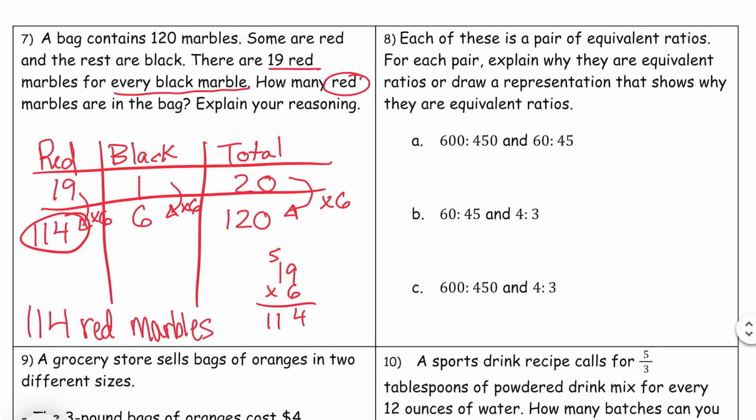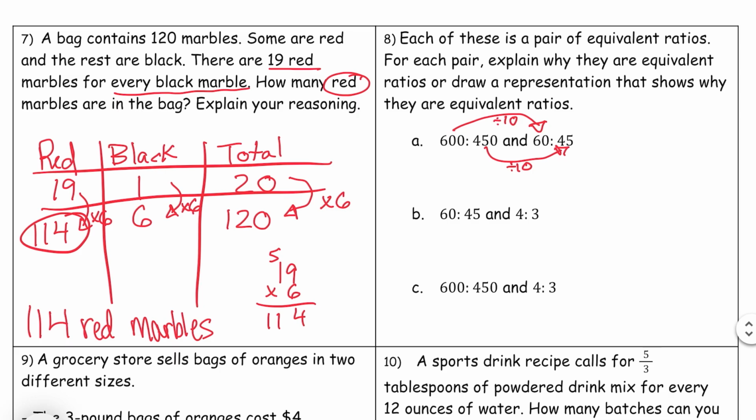Next one. Each of these is a pair of equivalent ratios. For each pair, explain why they are equivalent ratios or draw a representation that shows why they are equivalent. So for this one, I could show 600, I know divided by 10 is 60, and 450 divided by 10 is 45.